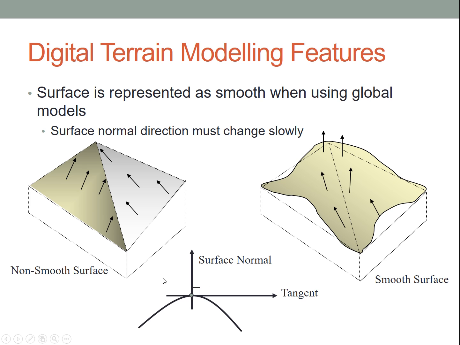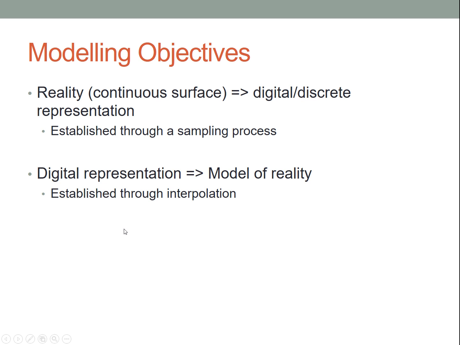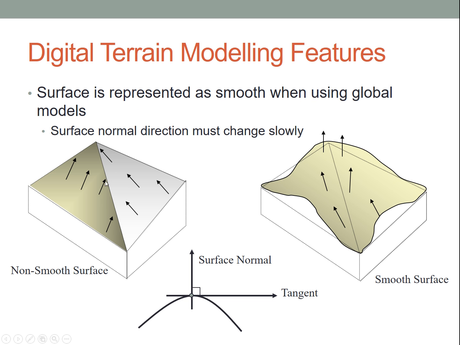So here, this is a good example down here. We have our tangent to the surface. These arrows kind of look like they're following the tangent. The surface normal is 90 degrees to that surface tangent. So the surface normal is all going one direction on this plane, and then it all goes one direction on this plane, and it changes very, very rapidly along this line.